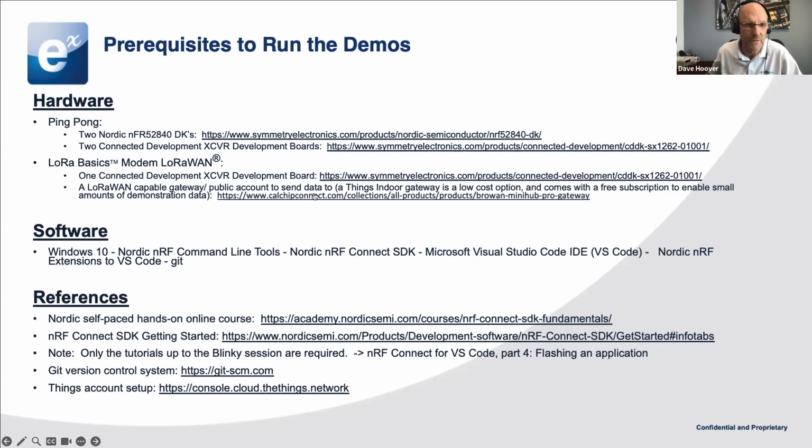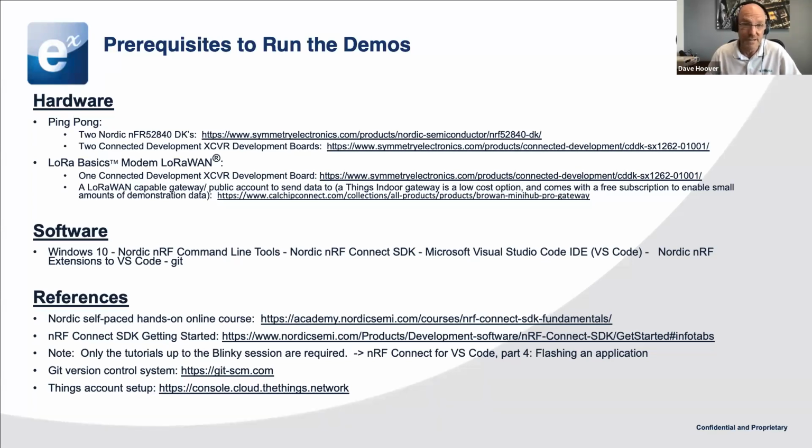That's referencing The Things Indoor Gateway. Again, the link is right here. You could use other gateways. There's nothing magical about The Things Indoor Gateway. It's just a lower cost option that's useful for demonstration purposes. But there are other gateways, like from Multitech, for example, that are perfectly good, really higher end gateways that you could use for your application.